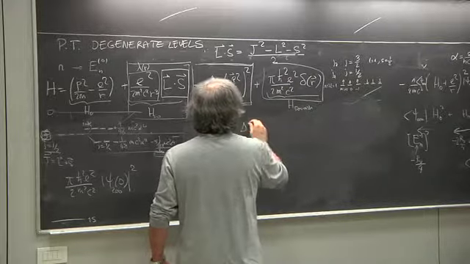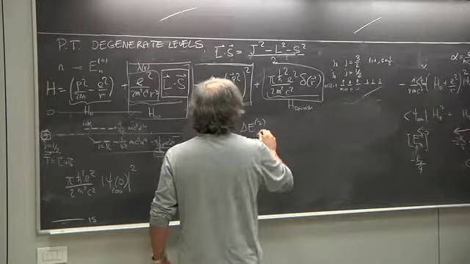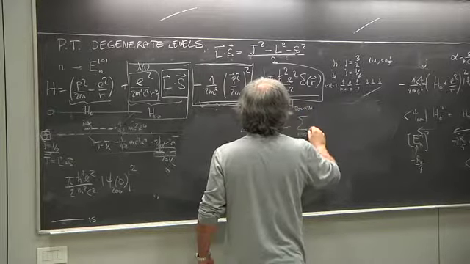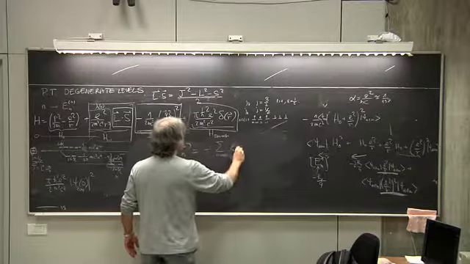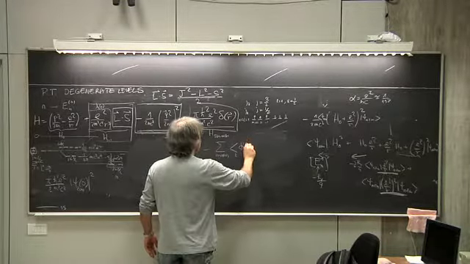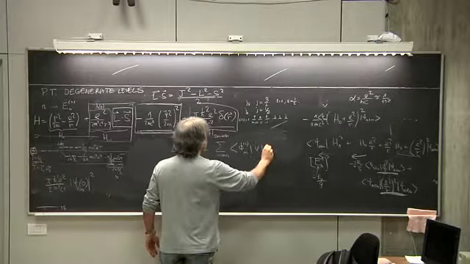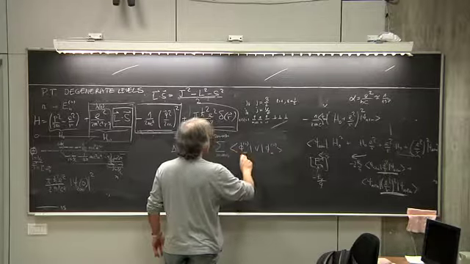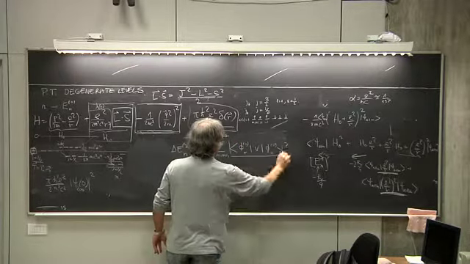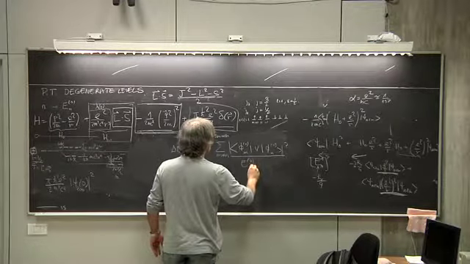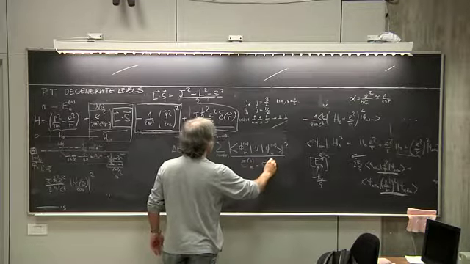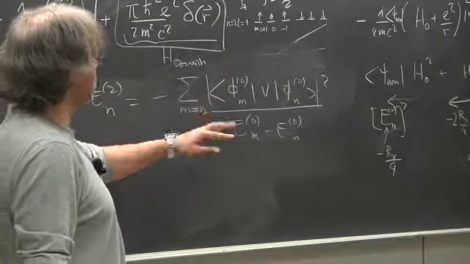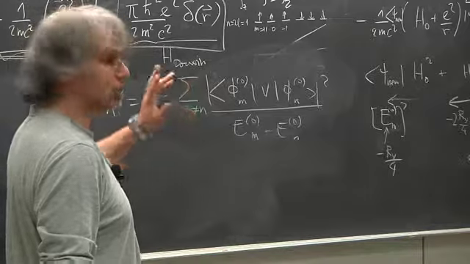The general formula for n is this: minus sum over all m different from n. Then you have the matrix element of the perturbation between the unperturbed states n and m, modulo square, over E0 m minus E0 n. Okay? Now, this is for any n, non-degenerate case.